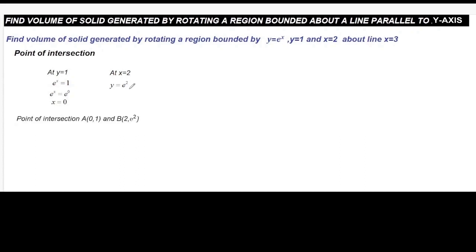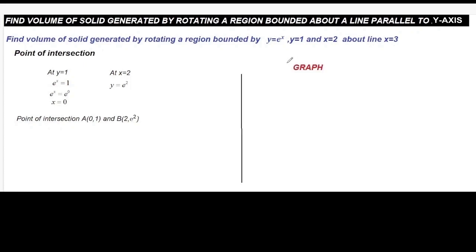So finally we can say our points of intersection between the curves and the lines are point A, that is 0, 1, and point B, that is 2, e squared. And of course between the two lines, y is equal to 1 and x equal to 2, we have 2, 1. So first we are going to draw the graph of the bounded region.